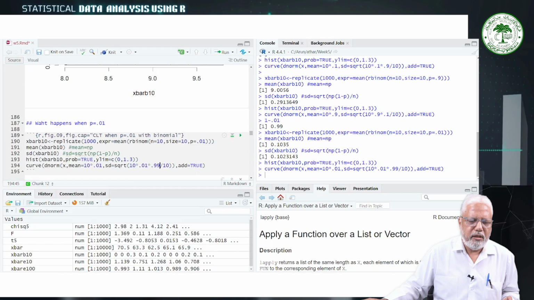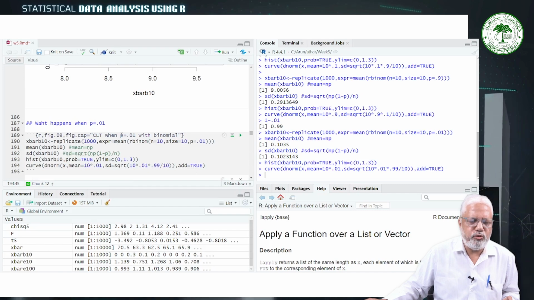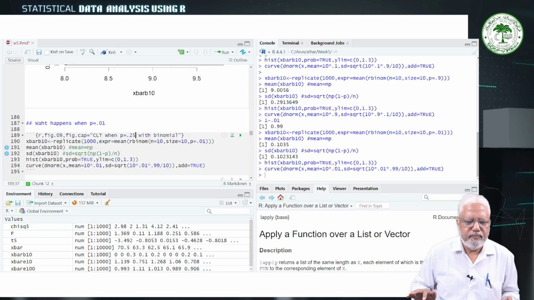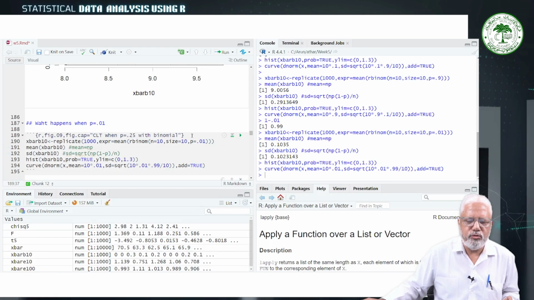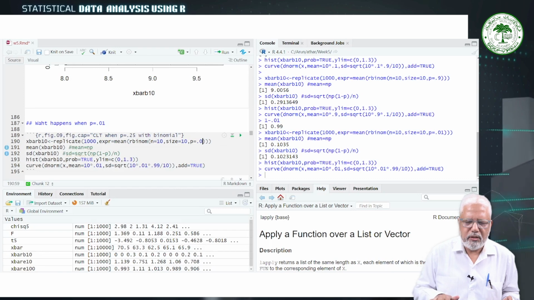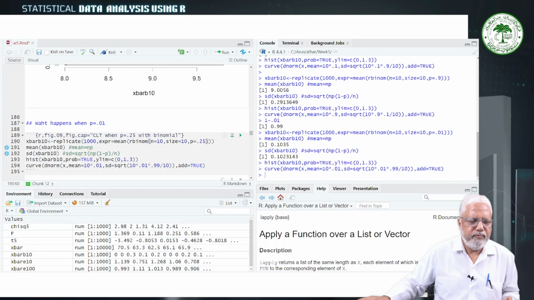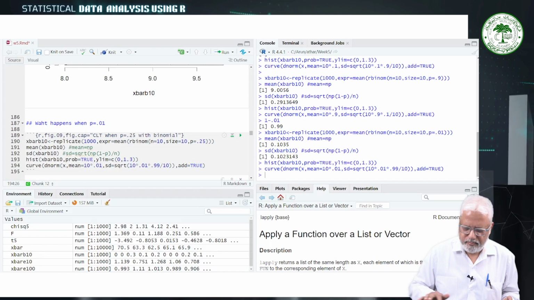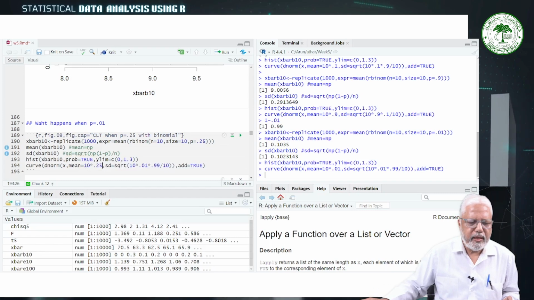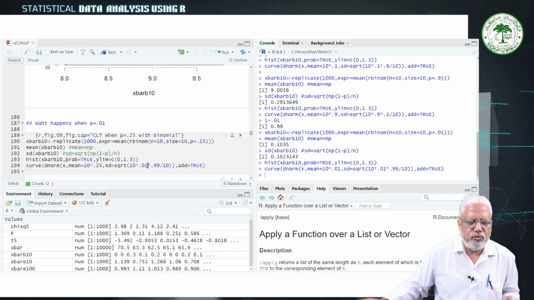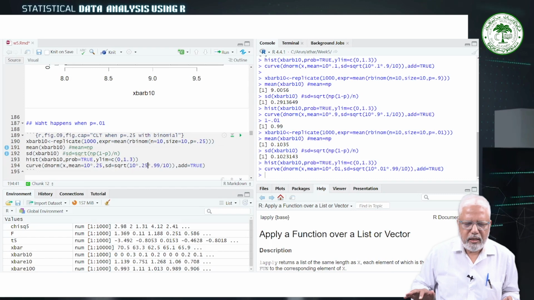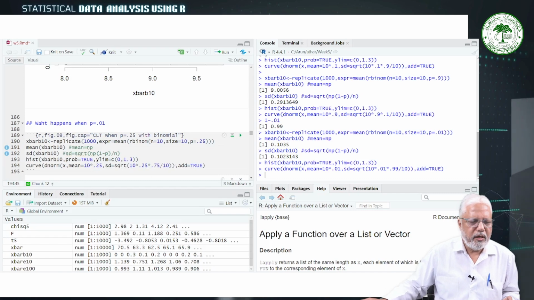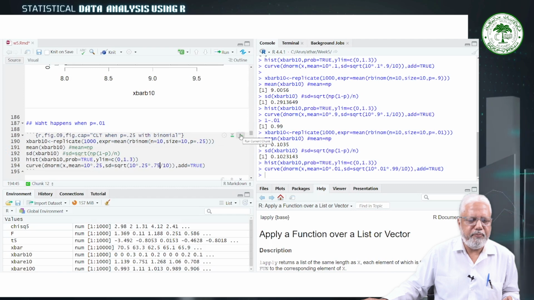Similarly, if we keep 0.25, we should make changes here: 0.25, and here it should be 0.25, and here it should be 1 minus 0.25, so it should be 0.75. Now if we run this, see what happens.